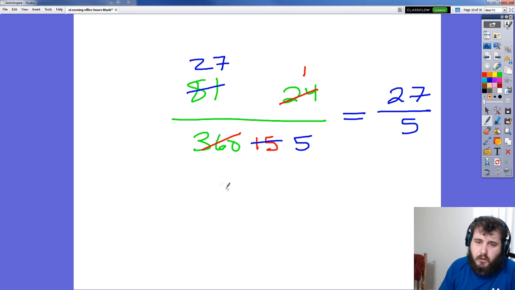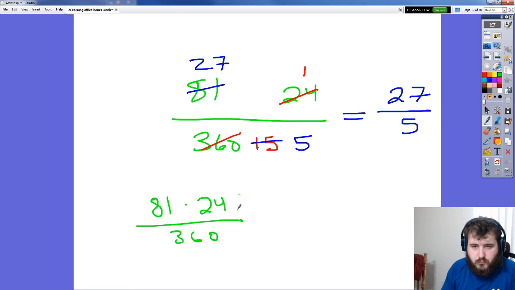Or you could do it the other way. You could instead have worked with the 81 first, breaking down the 81 and the 360. There's a 9 in common. 81 divided by 9 is 9. 360 divided by 9 is 40.